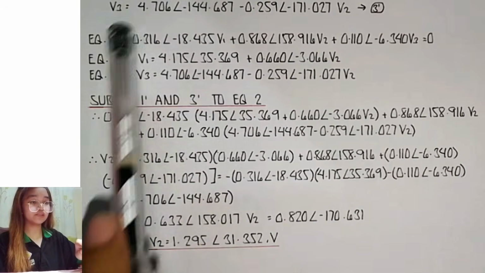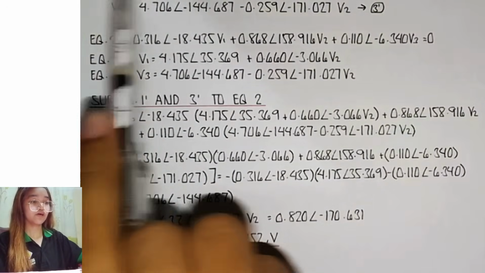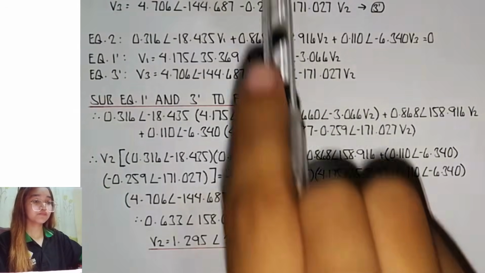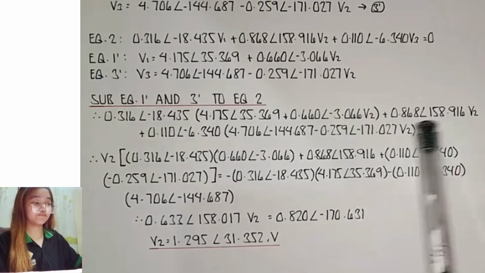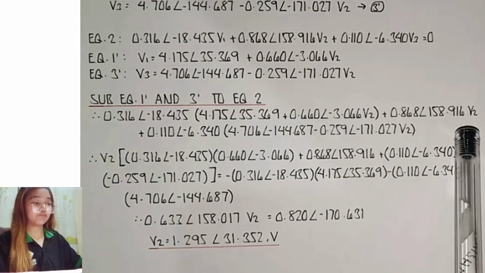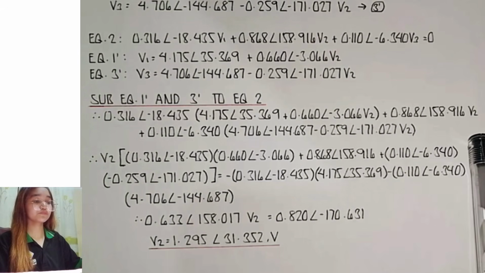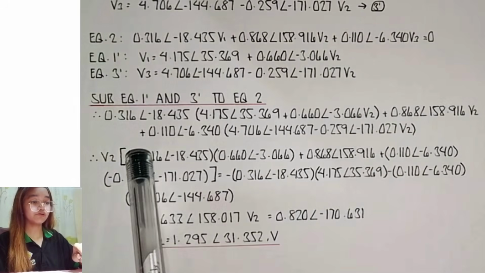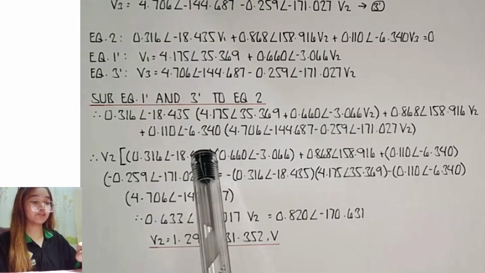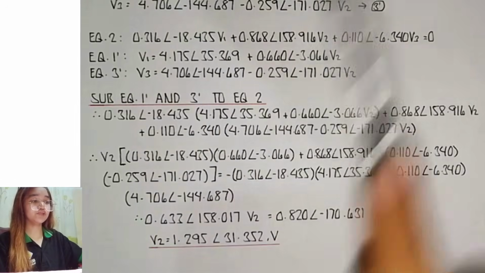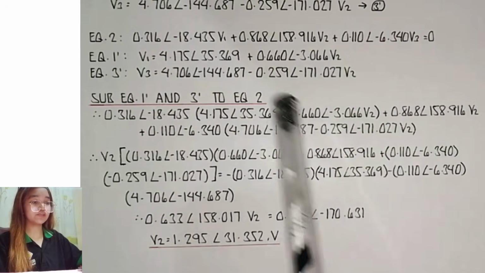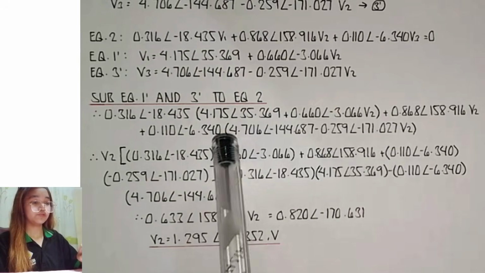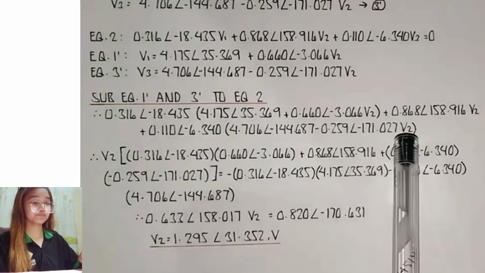So our V1 is here, our 1 prime, so we will substitute it, plus 0.868 angle 158.916 V2, plus, copy again, 0.110 angle negative 6.340 V3. So our V3 is here, the equation 3 prime. So you will put it there.